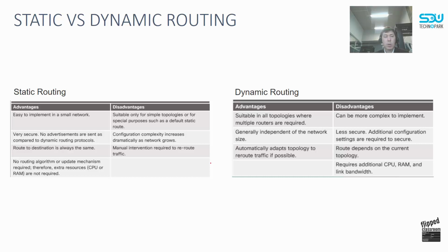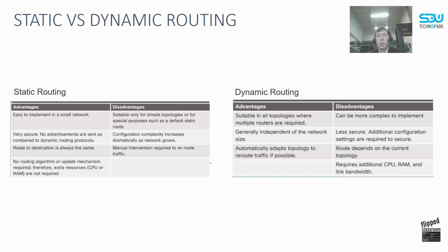Static routing advantages are: easy to implement in a small network, very secure, no advertisements are sent as compared to dynamic routing protocols, and the route to the destination is always the same due to the fact that it is configured by the network engineer, or we may say by you. No routing algorithms or update mechanisms are required, therefore no extra resources like CPU or RAM are required.